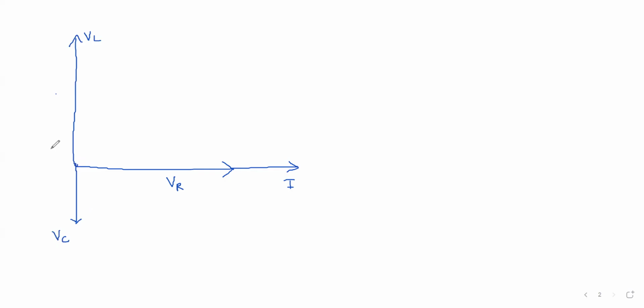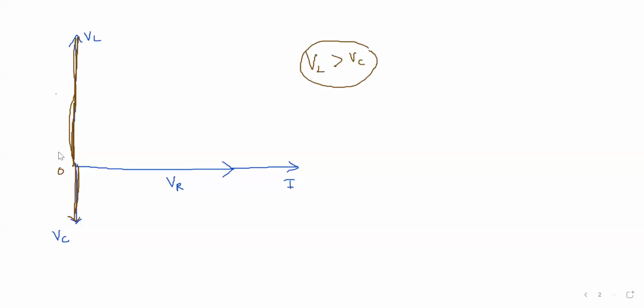Here you can see, I drew VL as the bigger line and VC as the smaller line. It means I assumed the VL value is more than the VC value. Therefore VL is the bigger line, VC is the small line.